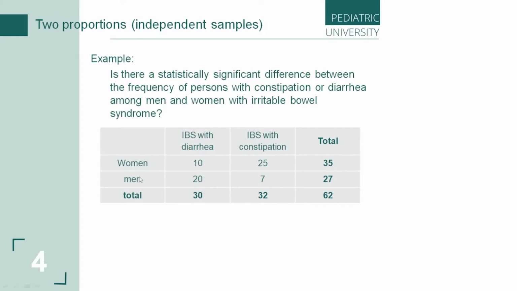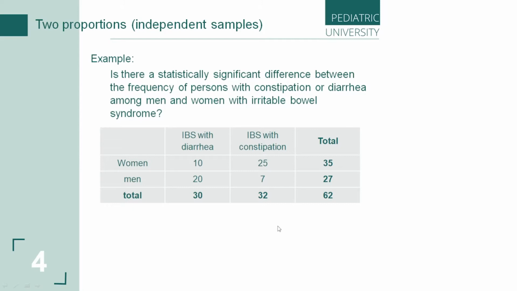You can see women with irritable bowel syndrome, IBS, with diarrhea, 10, and with constipation, 25. The total number of women is 35. What about men? There are 27 men, 20 of whom have diarrhea and 7 have constipation. We made a 2 by 2 table.